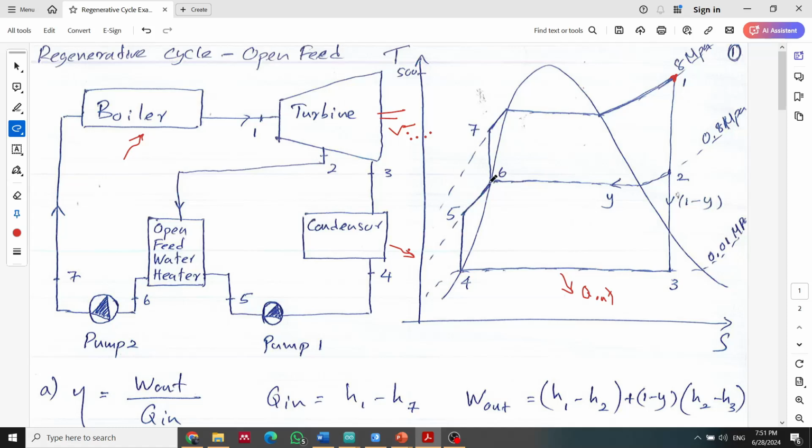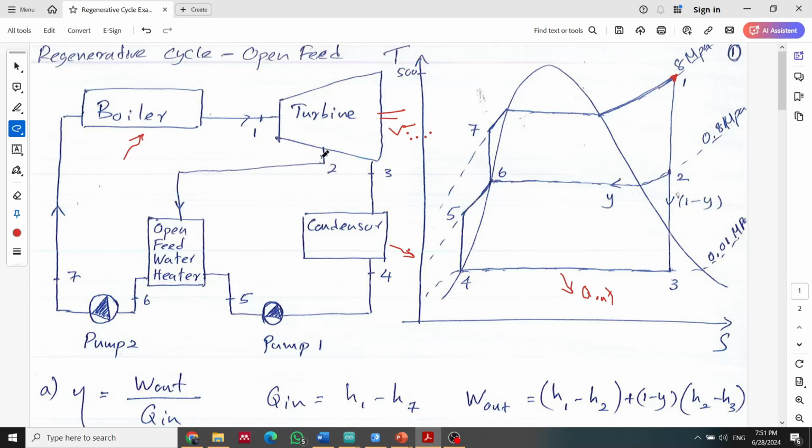Then 6 to 7 again we have pump action, pumping from 0.8 to 8 megapascal. So 4 to 5 is pump 1 and 6 to 7 is pump 2, right? Then what about the heat exchanging process in the open feed water heater?